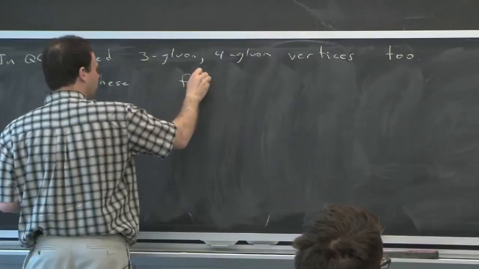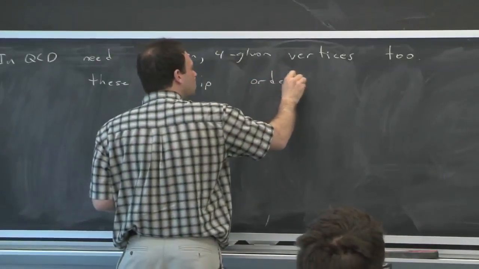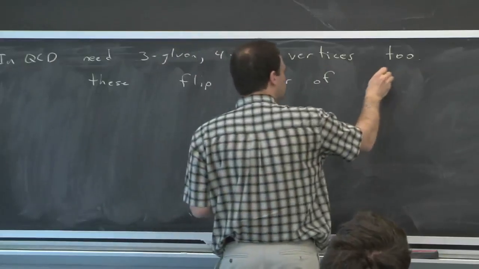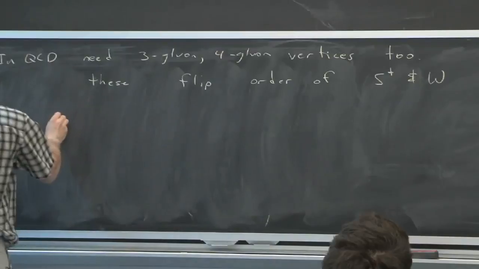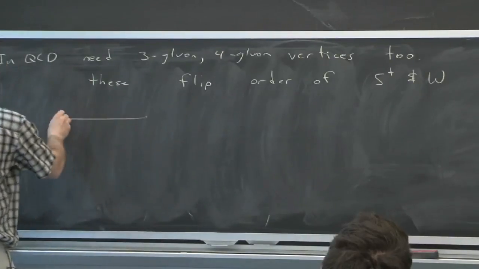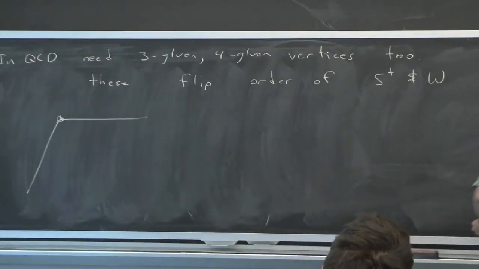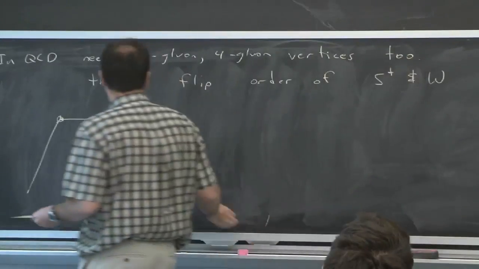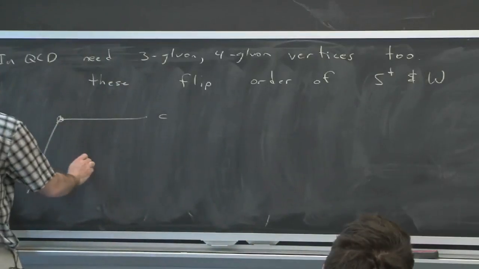They really just flip the order of the W and the S. So why do we have to consider those diagrams? So think about, instead of attaching gluons to quarks, attach gluons to gluons.